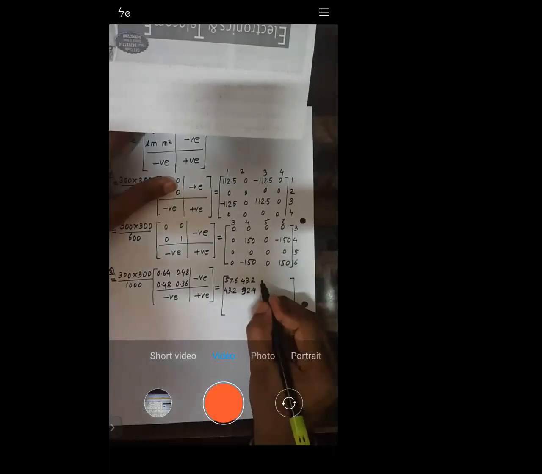32.4. Okay. So we'll write down the same with the minus sign. So minus 57.6, minus 43.2, minus 43.2 and minus 32.4.